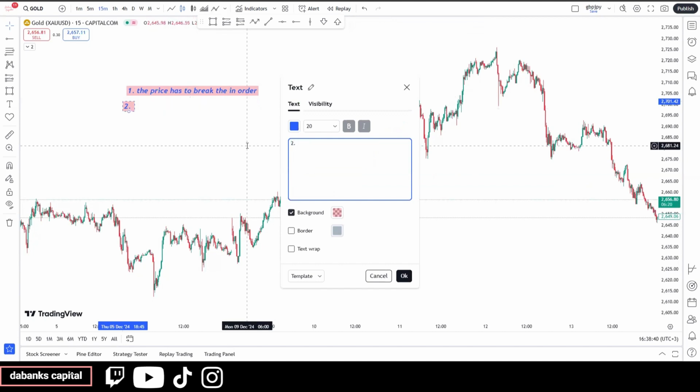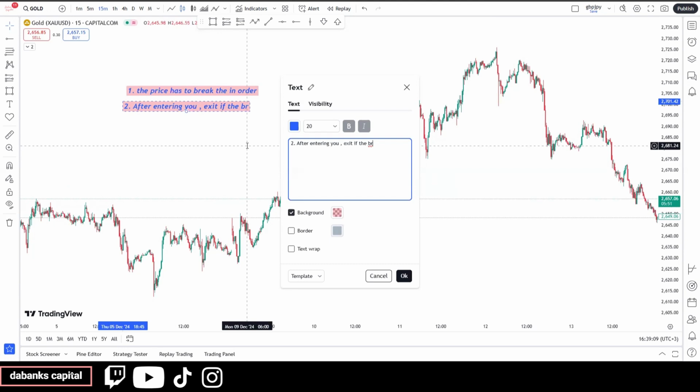After entering your trade, you exit when the price violates or breaks the trend line. So if the price breaks the trend line, you exit. It's just as simple as that.